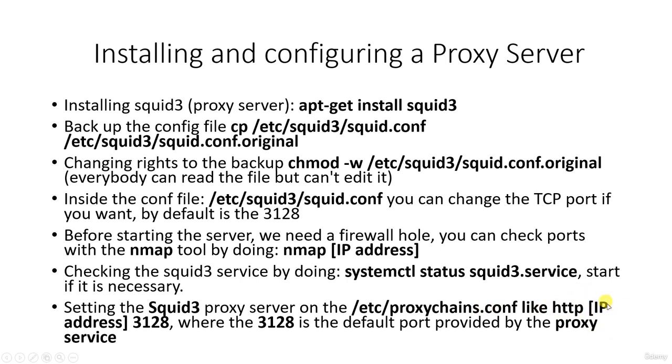After that, type the command http, your IP address, and then the port; the default port is 3128, as you can see, provided by the service. If you scan with Nmap, the 3128 port of the Squid3 service won't be on the server. Next we are going to talk about the configuration file and sniffing, and then serve to the local machine.